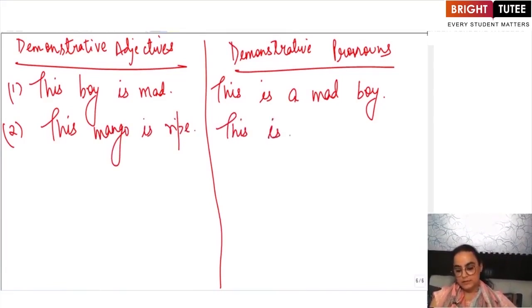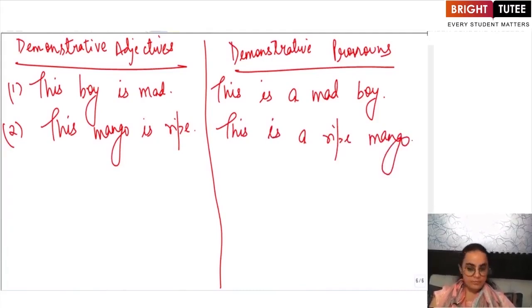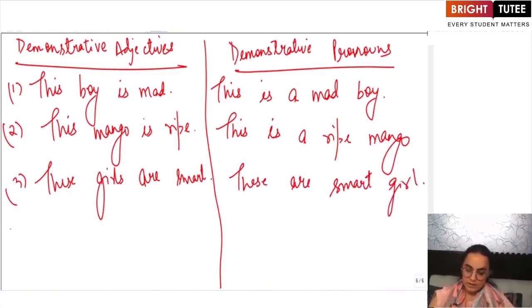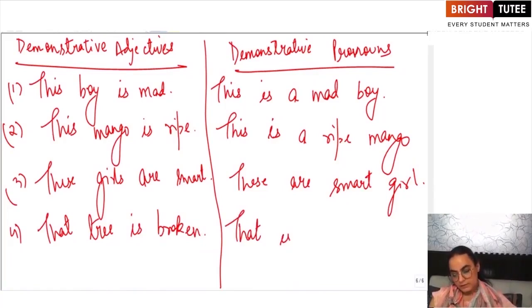This is a ripe mango. These girls are smart. These are smart girls. That tree is broken. That is a broken tree.